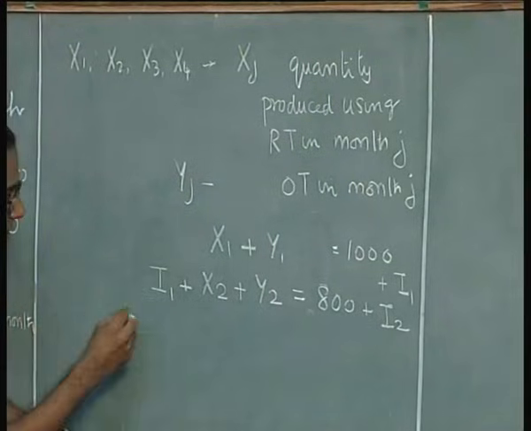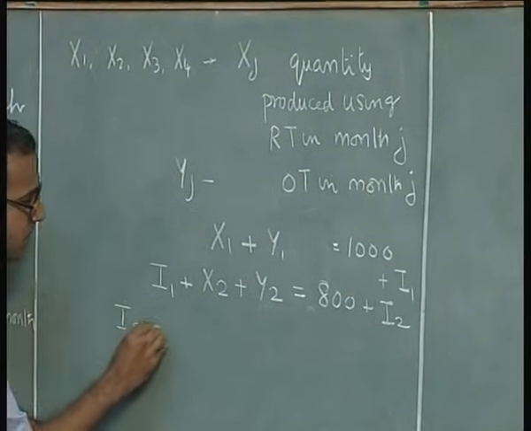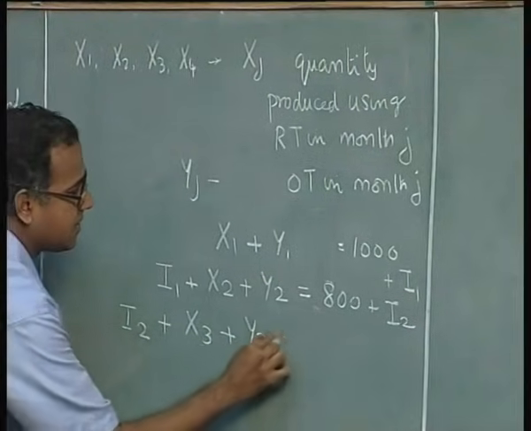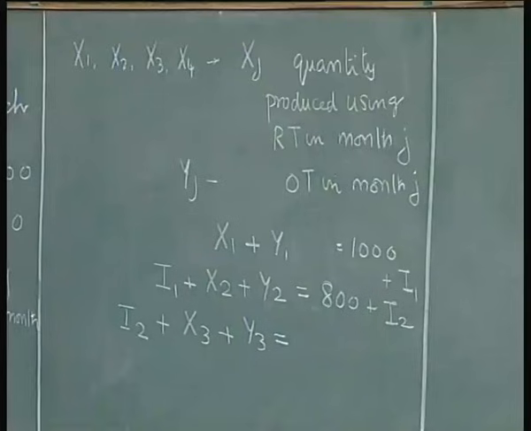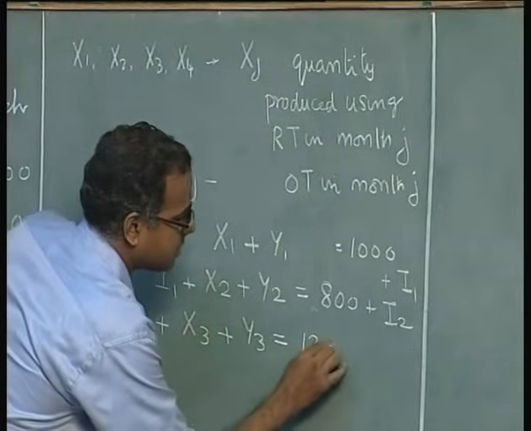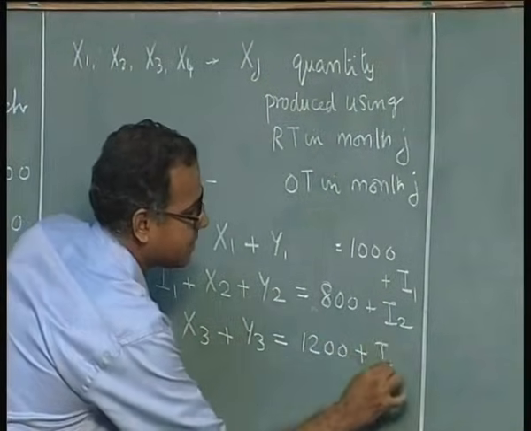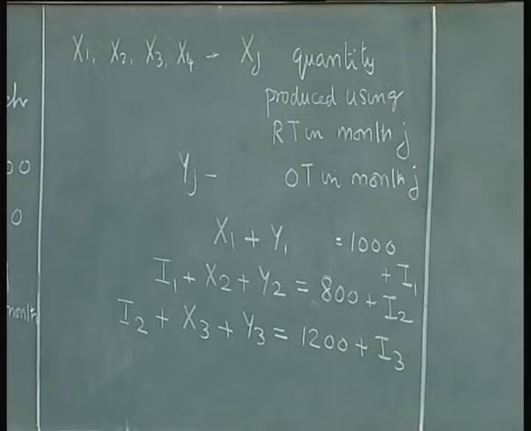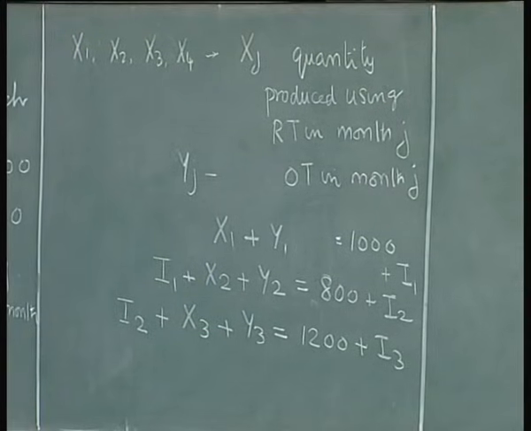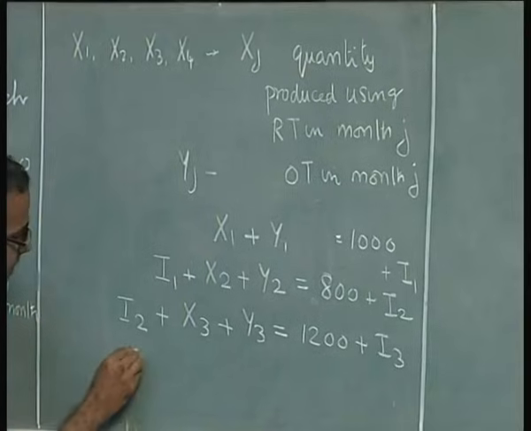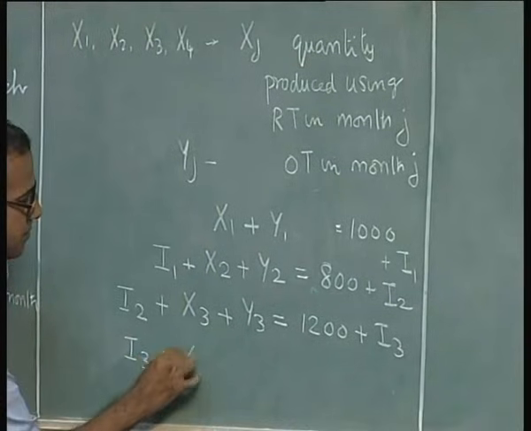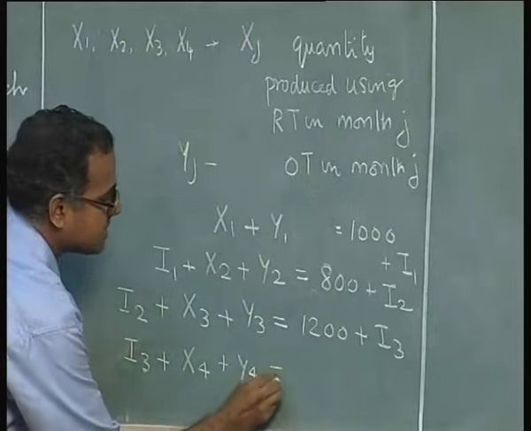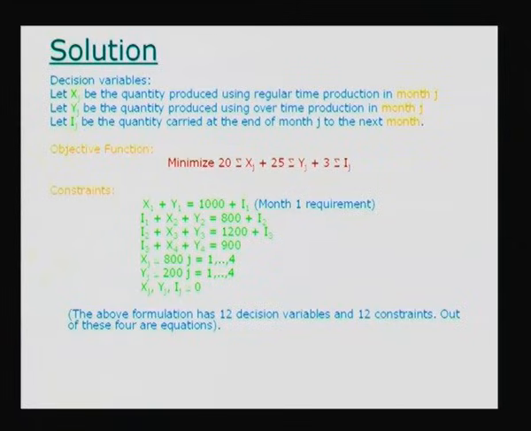Similarly, for the third month, we begin with I2 to produce x3 plus y3, which will now be equal to 1200, which we have to meet, and if it exceeds 1200, the balance I3 is carried to the fourth month. Now, for the fourth month, we begin with I3, produce x4 plus y4, and that is equal to 900.